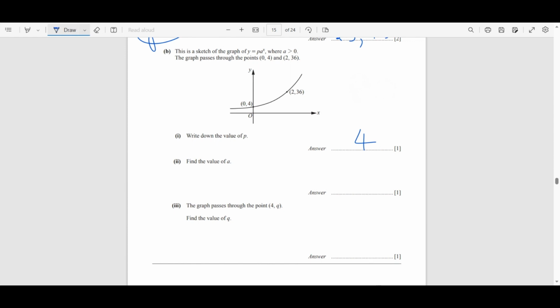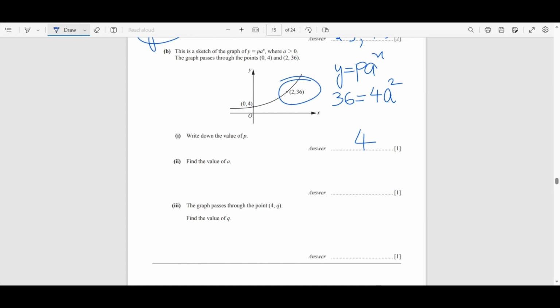All right. Now for the value of a. It says a is greater than 0. Y equals p a power x. Let's take this point because it lies on the curve. So instead of y, I'm going to write 36. P we already know is 4. A to the power 2, right?